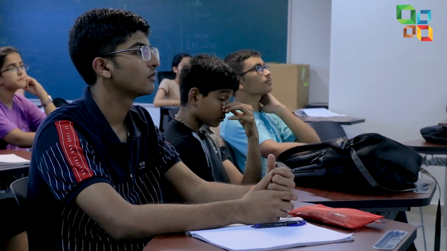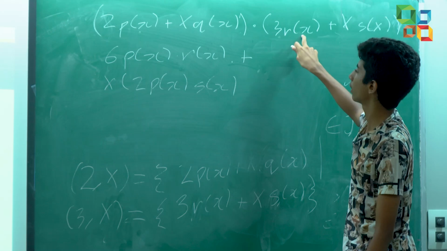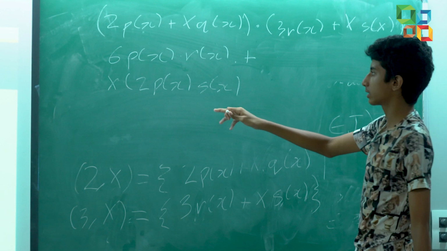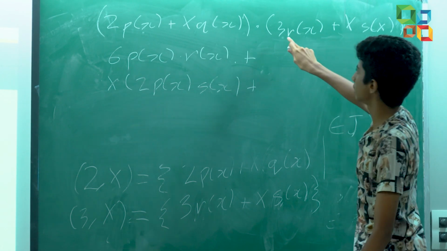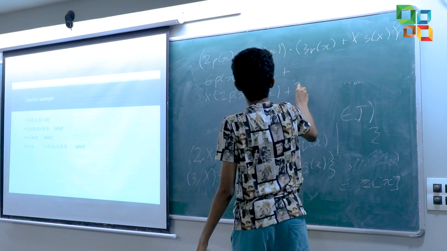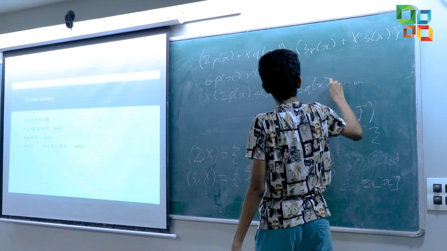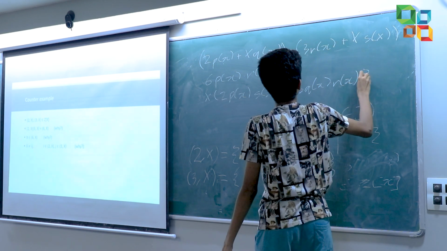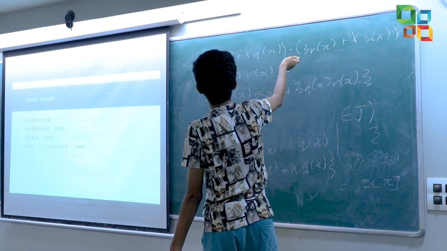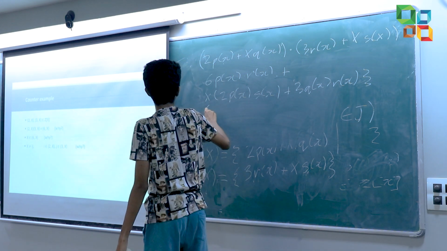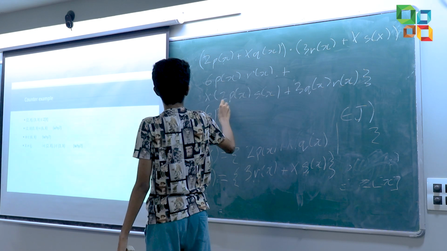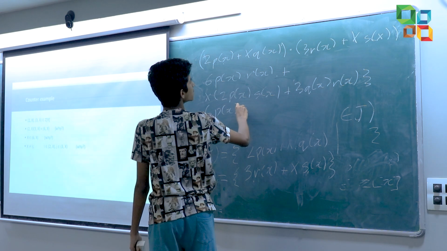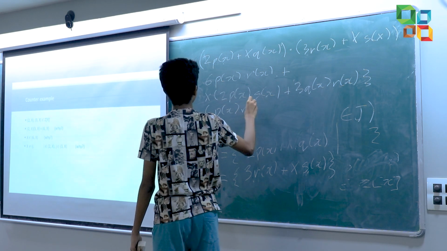We multiplied this out first, taking the x common outside, plus again x times q(x) times 3r(x), so 3q(x) r(x), and then plus x squared q(x) s(x).